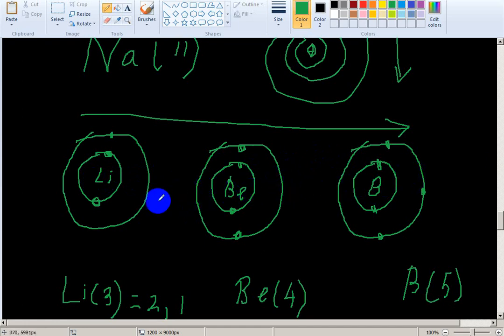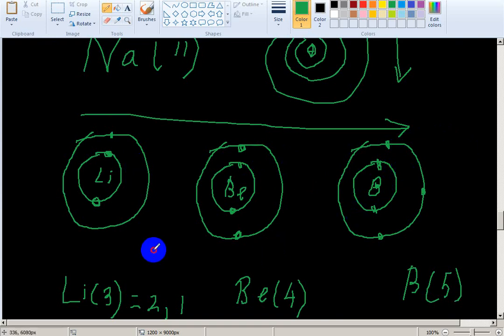But electron number increases. Here is 1 electron in the outermost shell, here 2, here 3. So the attraction force between the positive nucleus and the electrons increases. With 3 electrons there is more attraction, so the size becomes compact and decreases.